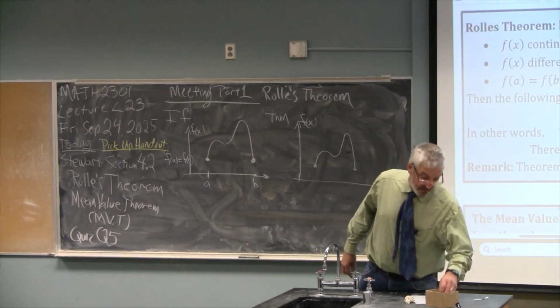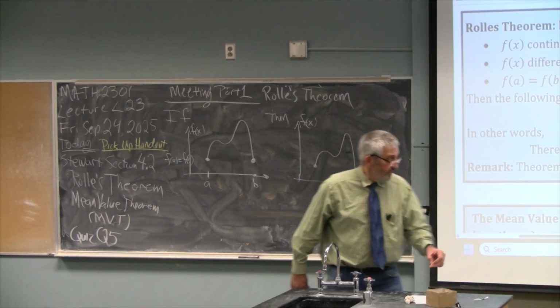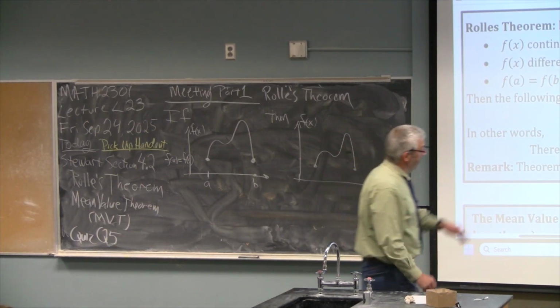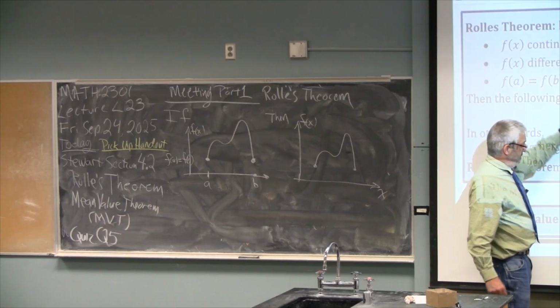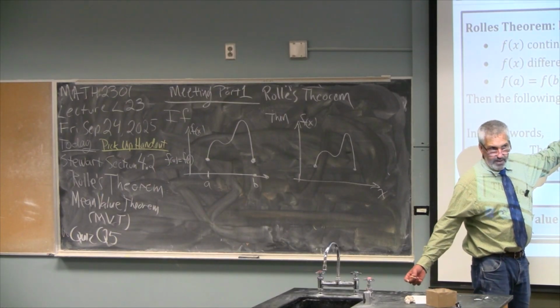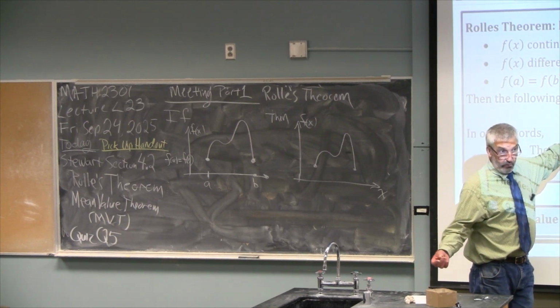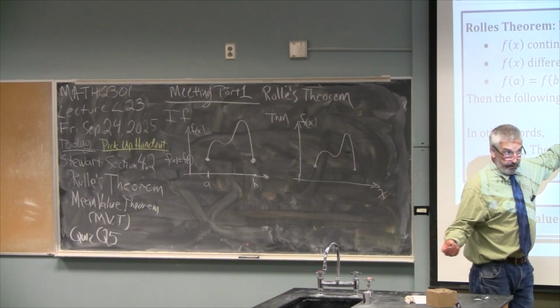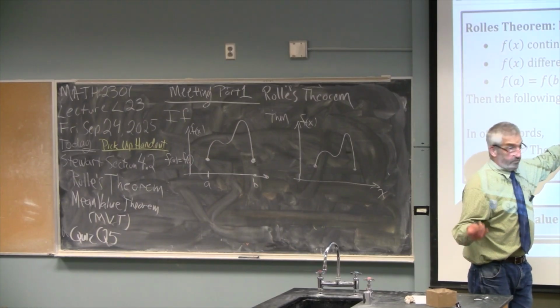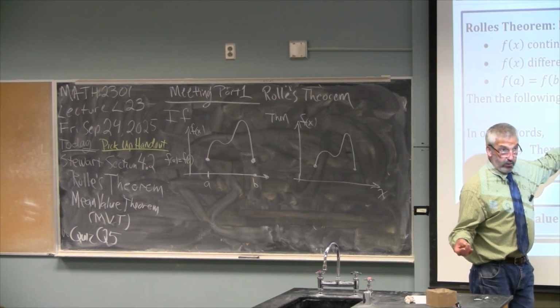It says that there's got to be at least one number c. So in math, when mathematicians say there is a number c, what they wrote in mathematical jargon, this means there's at least one. So, if a mathematician says, there's a dragon on your front yard, there exists a dragon on your front yard, it could be bad, it could be really bad, it could be a whole bunch of them.